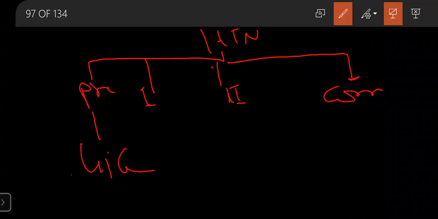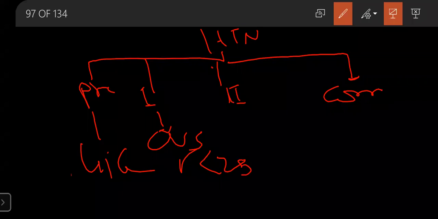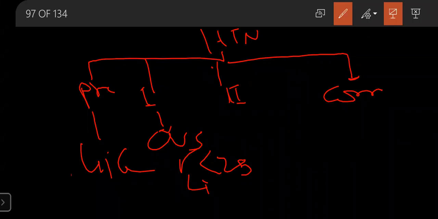If the patient has stage 1 hypertension, then you assess the patient for cardiovascular risk. If cardiovascular risk is less than 25, then you do lifestyle modification. If cardiovascular risk is more than 25, then you give antihypertensive medication.